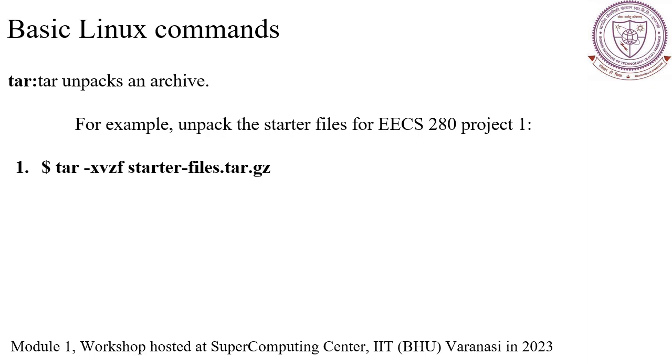To unpack the archive file, you can use the tar command with the -xvzf option or -xf or -xv option. The -x option tells tar to extract the files from the archive file. The -v option tells tar to be verbose, that is, to display information about which files are being extracted. And the -f option gives the name of the archive file.